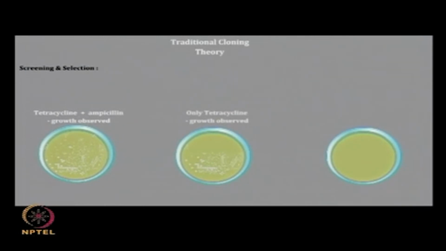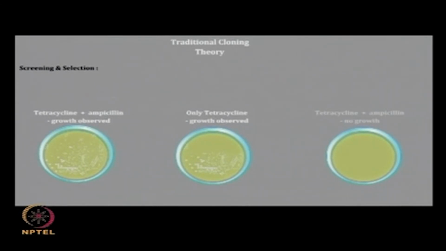Cells that have been transformed with the plasmid but do not contain the gene of interest grow on the medium containing both tetracycline and ampicillin. Those cells that have taken up the plasmid and contain the gene insert will grow on a tetracycline containing medium, but will not grow in the presence of ampicillin.